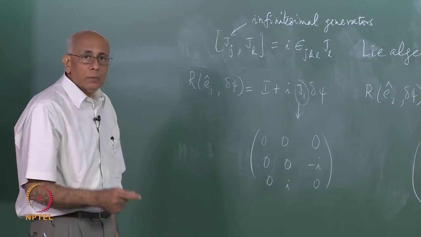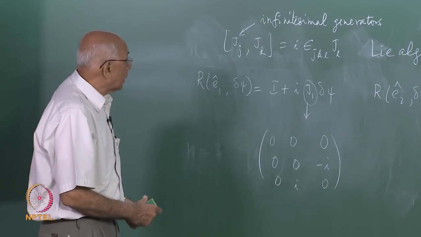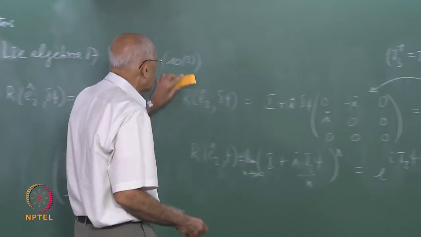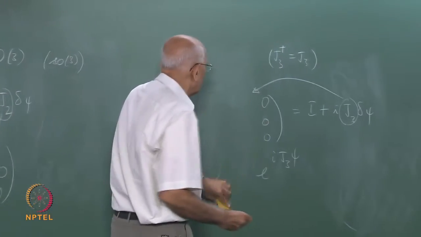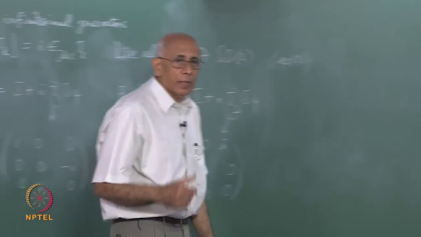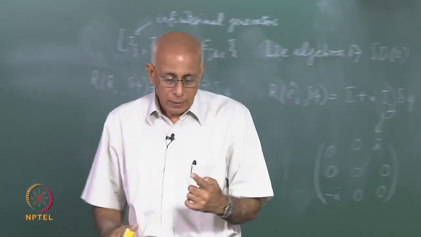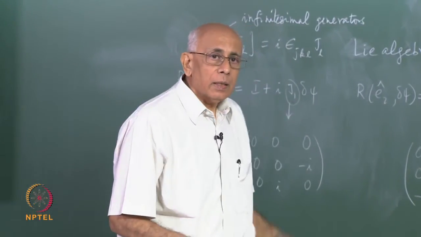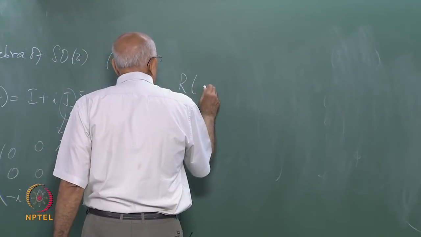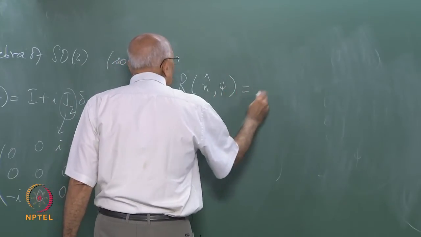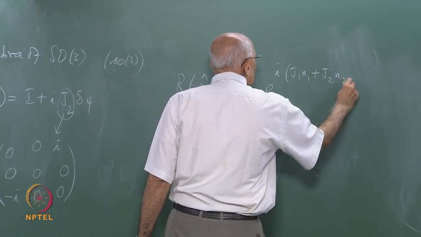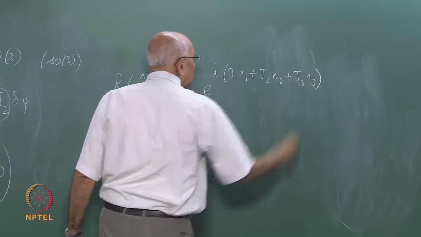Now of course you could ask, what about our target of finding this quantity r for a general axis? What does that look like, and so on? That has a bit of a problem as it stands, because what happens is that the general rotation is specified by an axis n, and the element corresponding to that is R(n, psi), which is equal to e to the power i (J1 n1 plus J2 n2 plus J3 n3) psi.